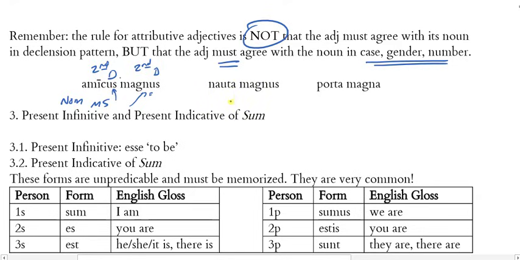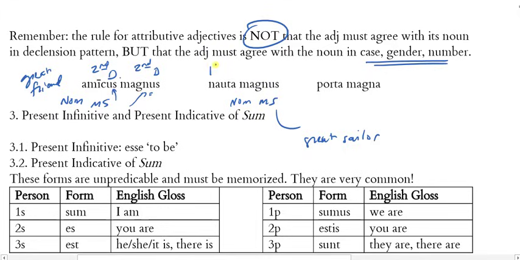I have nauta, which means sailor. All right. By the way, amicus magnus is a great friend. Okay. Nauta magnus, that's a great sailor or a big sailor. All right. These are both nominative, masculine, singular as well. They match case. This is a requirement for attributive adjectives. They do match case. But what declension pattern does nauta follow?